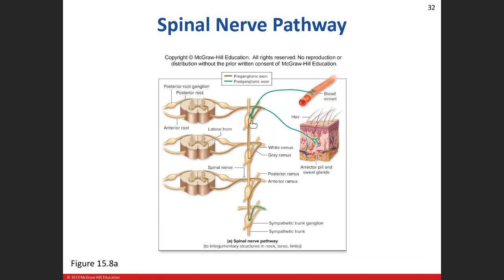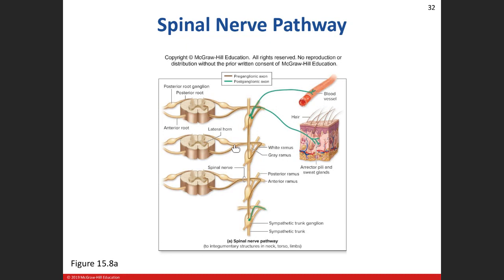First option is it can synapse here on the postganglionic neuron, and then you know the rule. The postganglionic neuron has to leave at the same level that it synapses. So the preganglionic comes in, synapses on the postganglionic, it exits on the same level and goes out. Okay, so nothing happens.